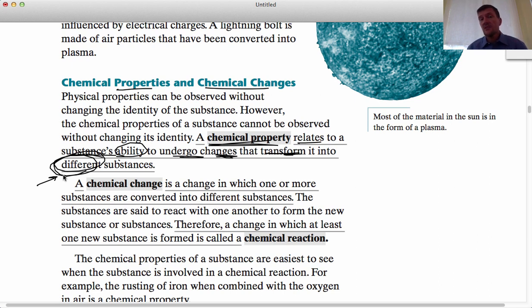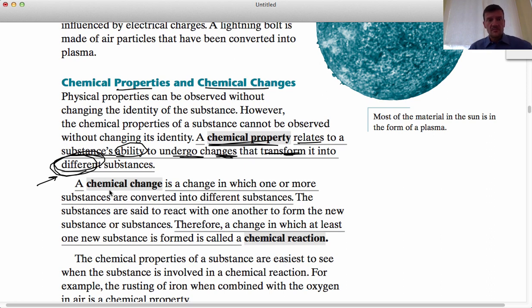We can make observations and use our observation skills to try to determine if a chemical change has occurred. We look for things like color change or gas is released. We look for heat given off or light given off. But the only definite guarantee to know if something has gone through a chemical change is to test it before and after and see if you have something different.